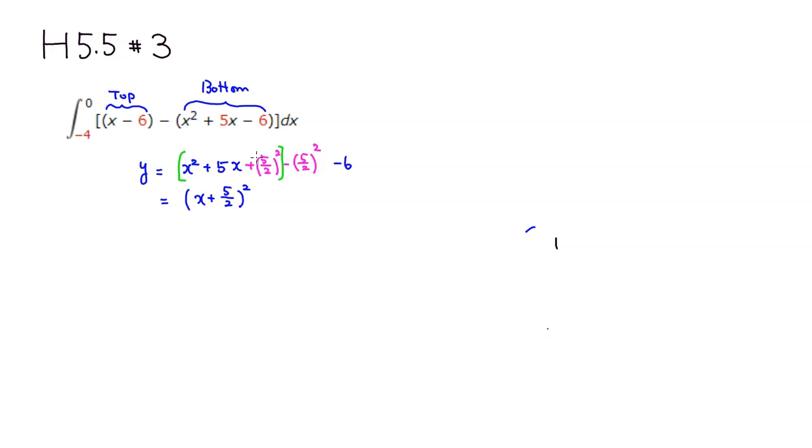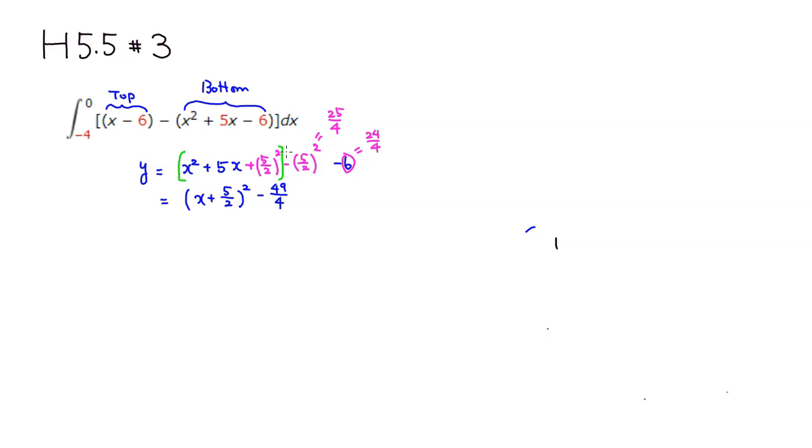Then we can combine these together. We have 5 over 2 squared, so this is 25 over 4. 6 is the same thing as 24 over 4. So it's going to be negative 25 over 4 minus 24 over 4, which is negative 49 over 4.